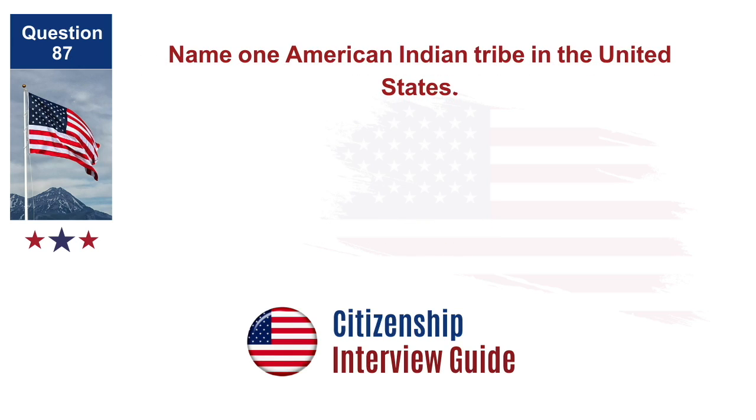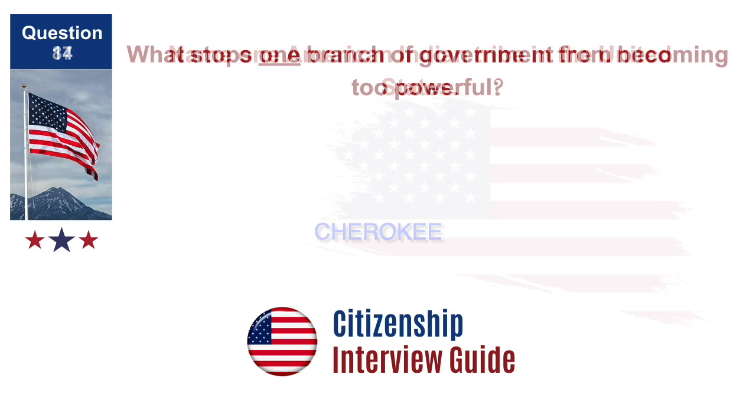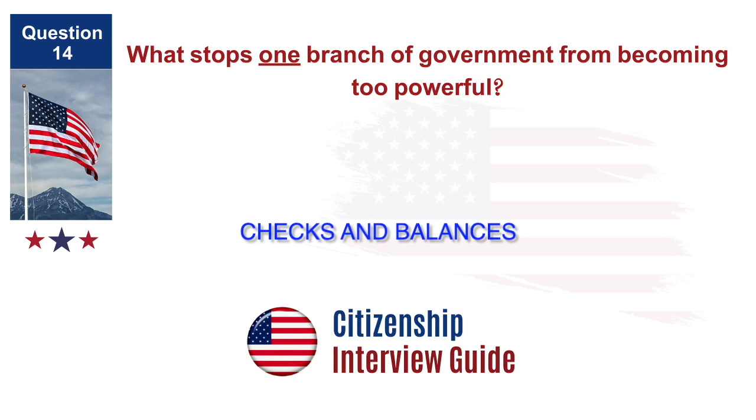Name 1 American Indian tribe in the United States. Cherokee. What stops one branch of government from becoming too powerful? Checks and balances.